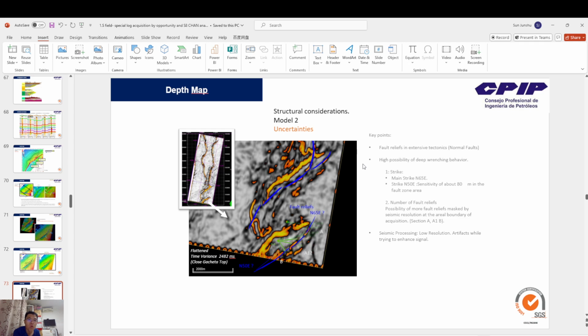Second, number of fault reliefs: possibility of more fault reliefs masked by seismic resolution at the area boundary of acquisition. Seismic processing: low resolution, artifact while trying to enhance the signal.